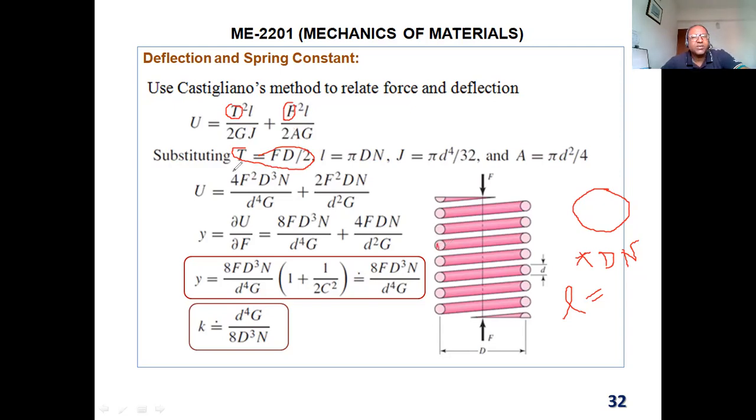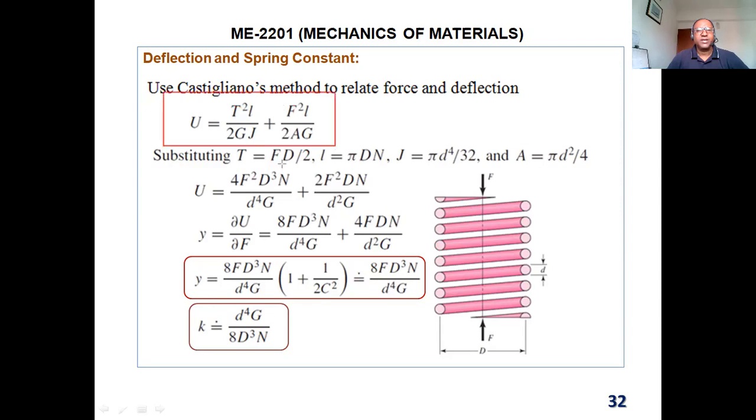So what he figured out is how much energy a spring can absorb in total. That amount is this one.